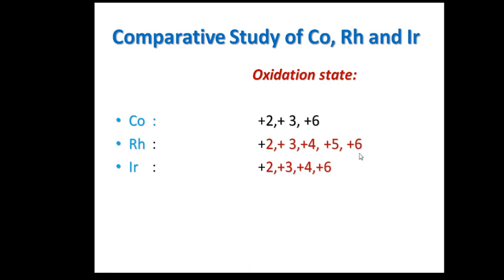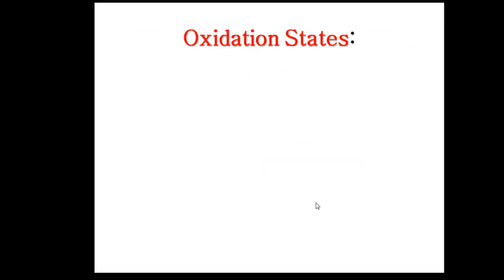Apart from these oxidation states, rhodium and iridium also show the +1 oxidation state, and this +1 oxidation state we observe in a very important complex, known by its scientific name as the Wilkinson catalyst. So in the next slide we can see the oxidation state point of view.